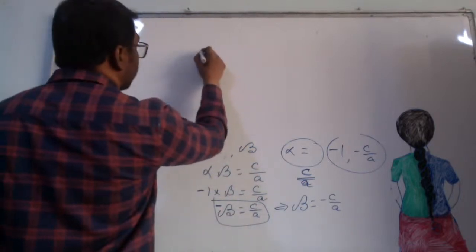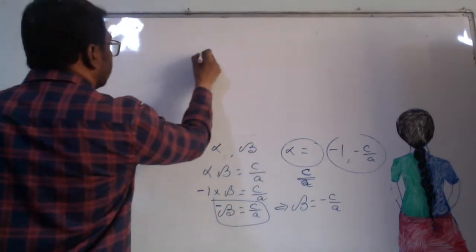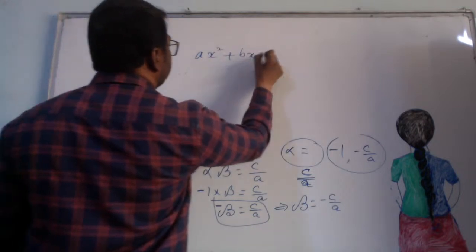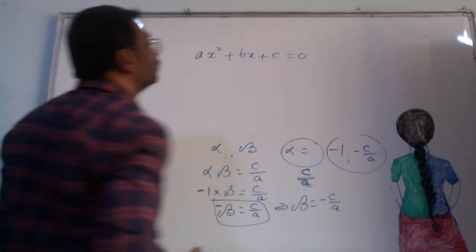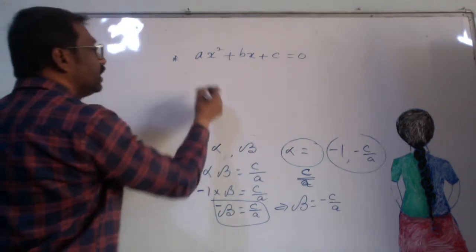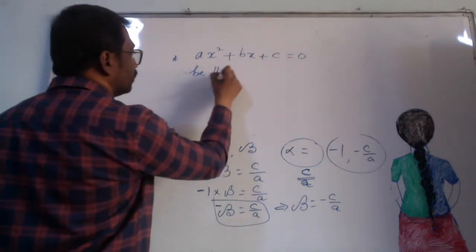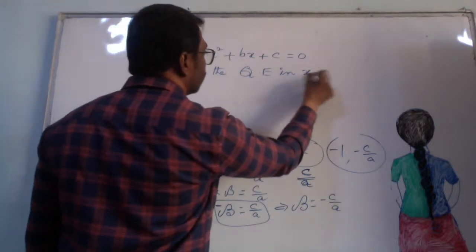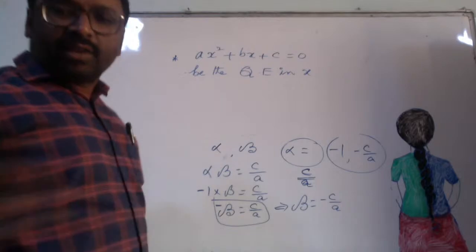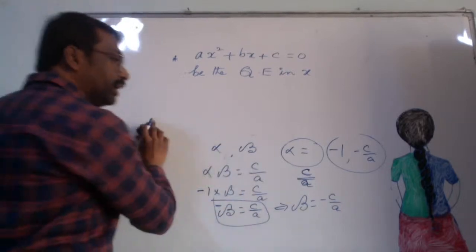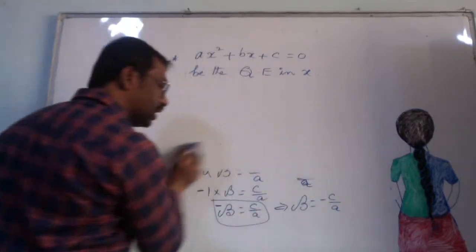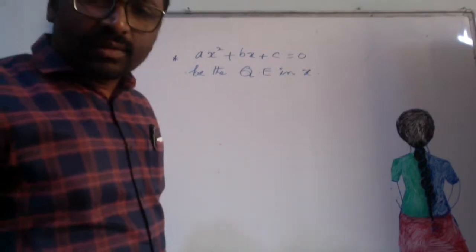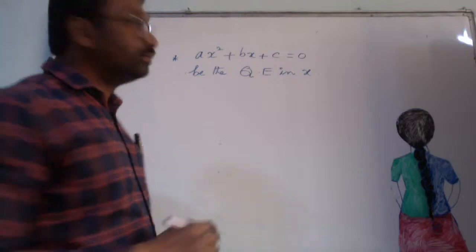Let ax square plus bx plus c equal to 0 be the quadratic equation in x. When it is a quadratic equation, it contains two roots, alpha and beta.